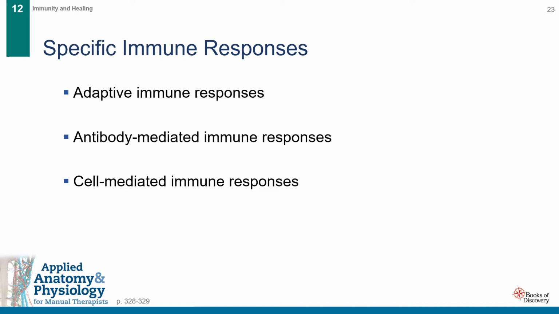There are millions of B cells and T cells in the body, each ready to do battle with a particular pathogen. B cells and T cells produce different types of immune responses. The response initiated by B cells is an antibody-mediated response, while that initiated by T cells is a cell-mediated response. In most cases, both specific immune responses are stimulated by any particular pathogen.